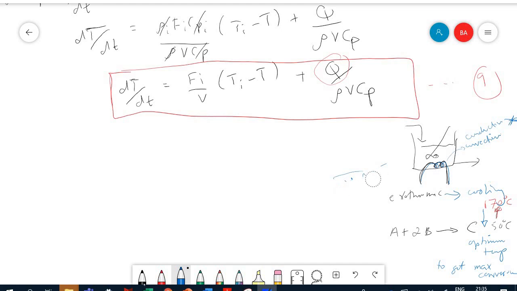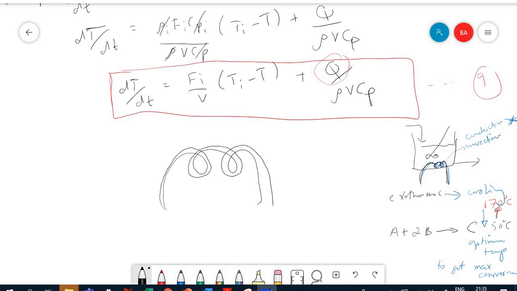So this is the coil, and it has a certain thickness. What we have inside here is the cold fluid, so the cold fluid is just flowing in like that, and is going in, and so on.